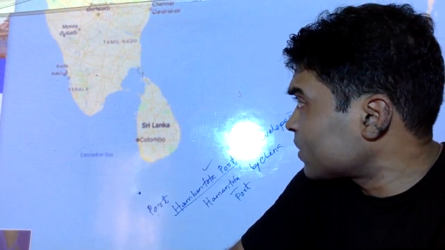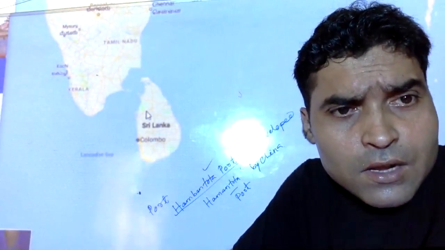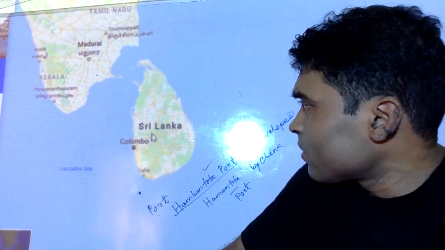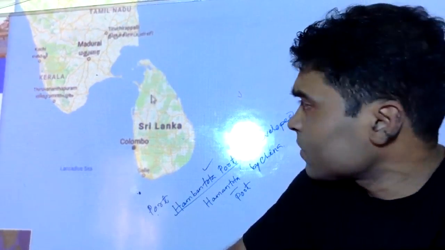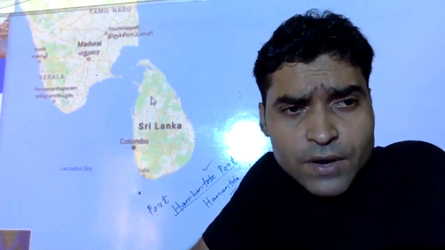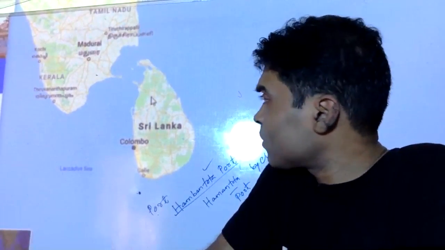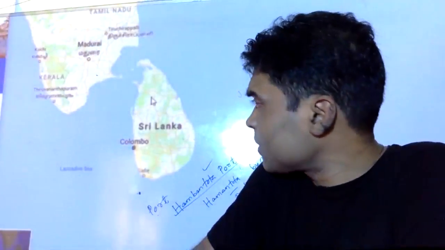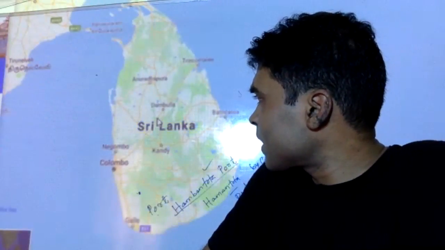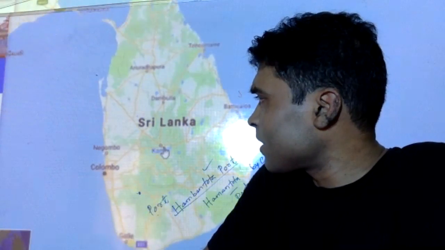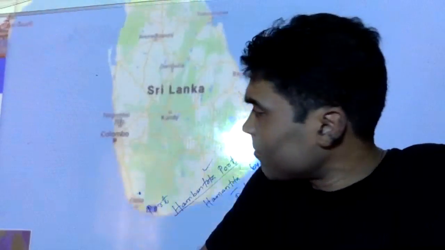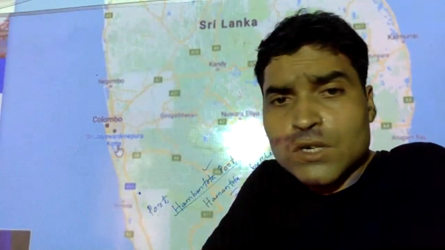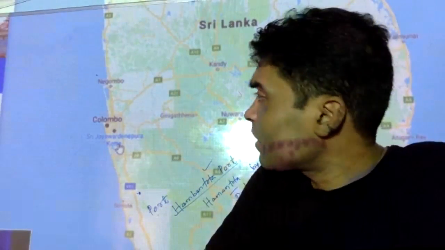Let's revise whatever we studied in our class. First, Sri Lanka is an island known as the Teardrop of India, also Ceylon, also Lankadweep, Sinhali Island. There are so many names. Kandy was the former capital. Then Colombo became the capital, which is the largest city. After that, Sri Jayavardhanapura Kotte is the current capital of Sri Lanka.